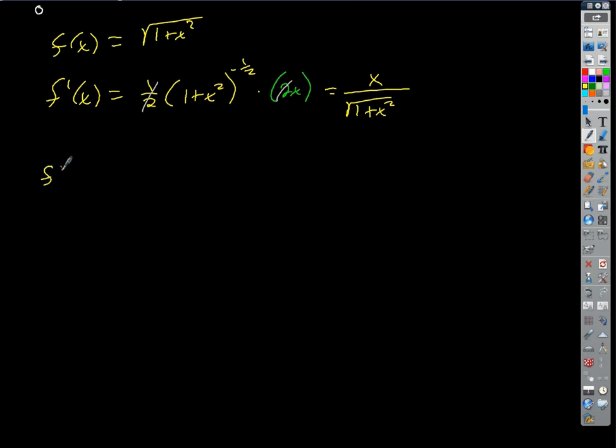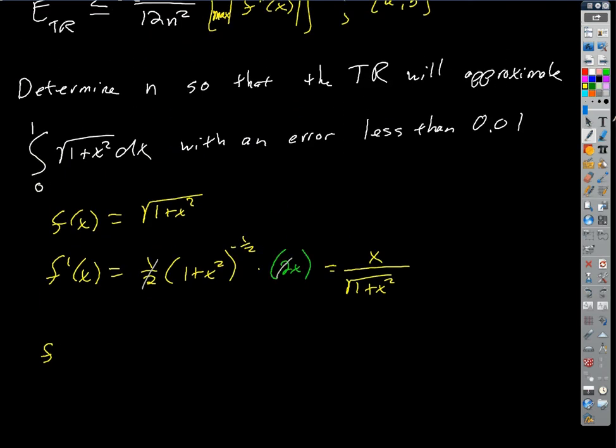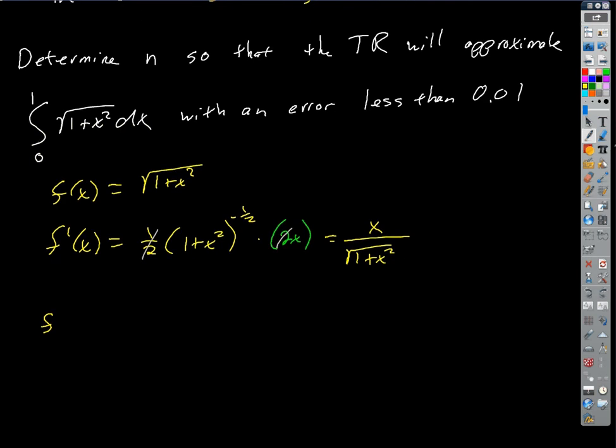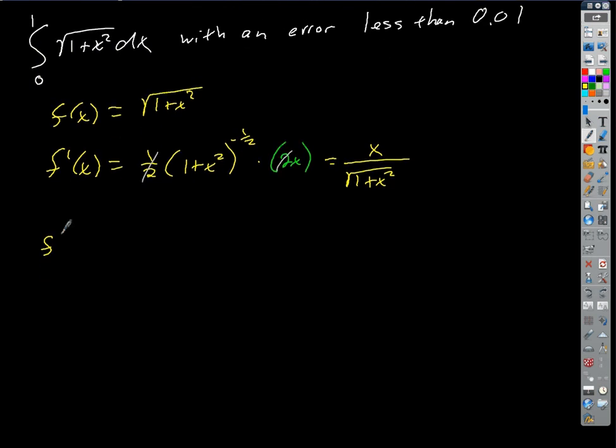Okay, so what's the second derivative going to look like then? 1 plus x squared to the negative 1/2. Okay, so you're going to use the quotient rule? Okay. So low d high, what's d high? 1, okay, good.